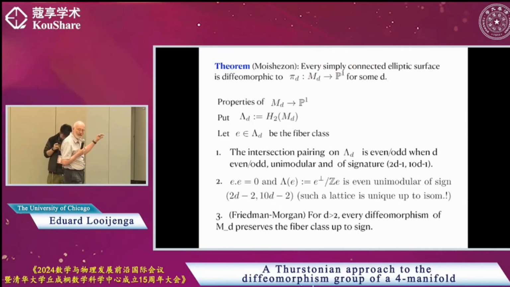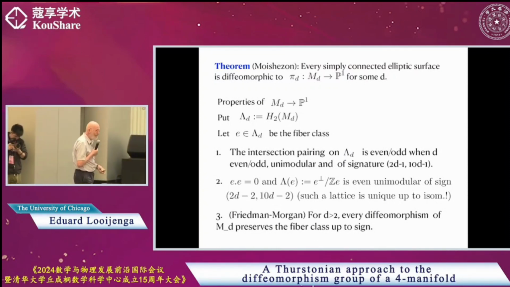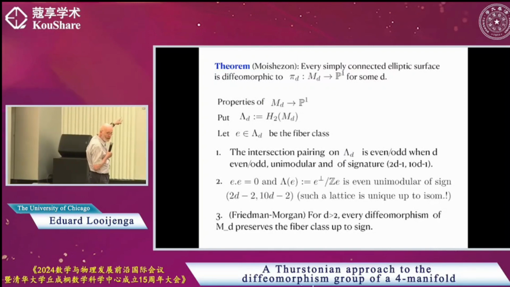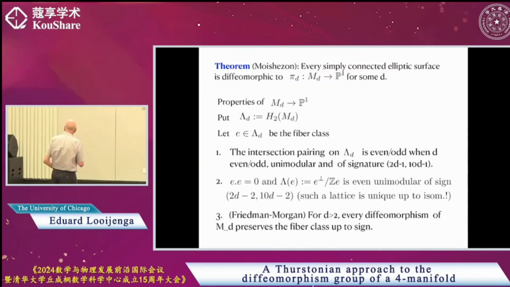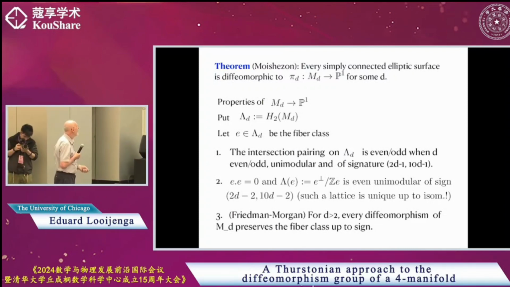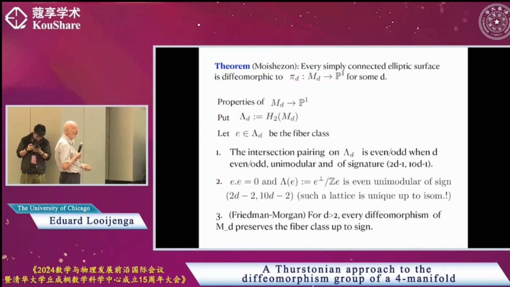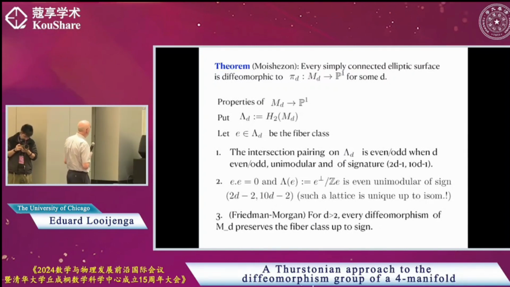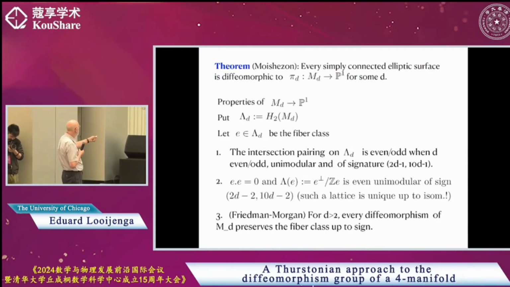So every diffeomorphism of the manifold onto itself will take the class of that fiber to itself or to its opposite. And so we want to exploit this when we study the Thurston approach. Take the Thurston approach to this.